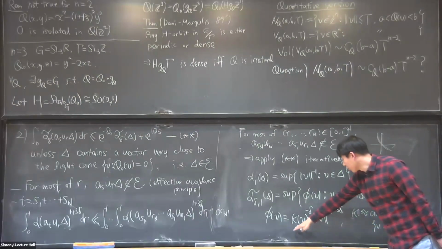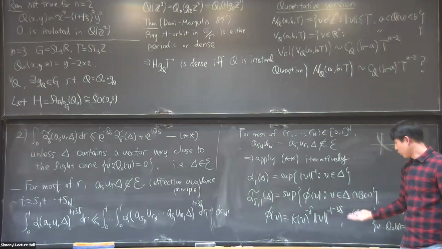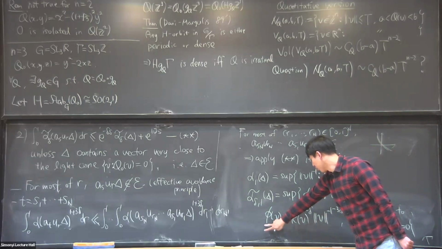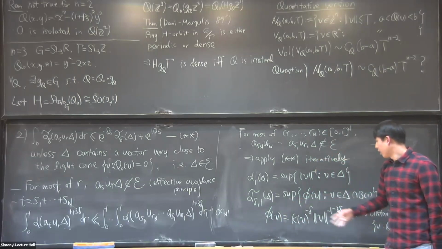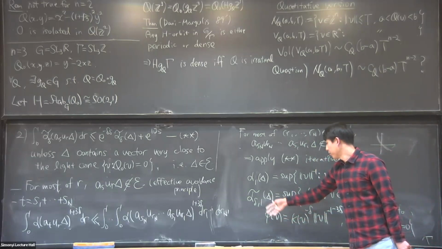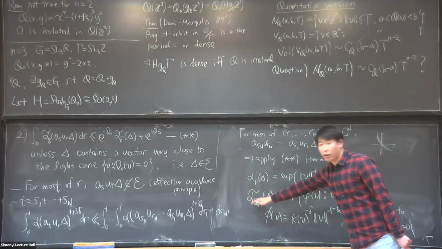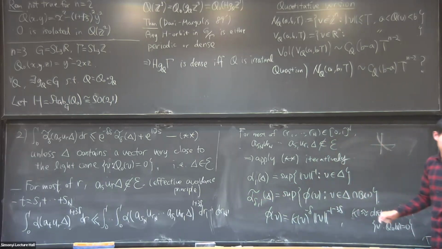But with this modification, one can still show that the Margulis inequality holds for this phi, and this implies the global Margulis inequality for alpha tilde with this construction. This is roughly the shape of the modification.